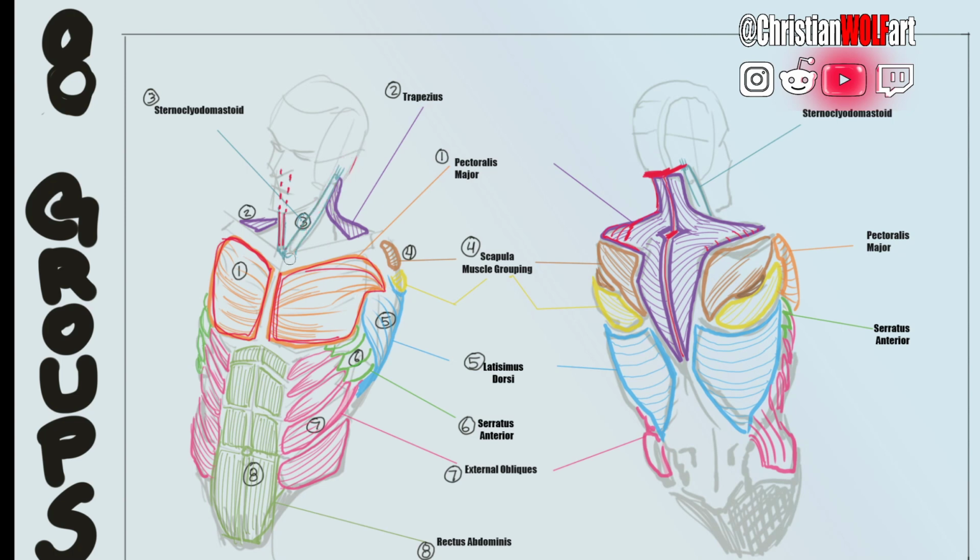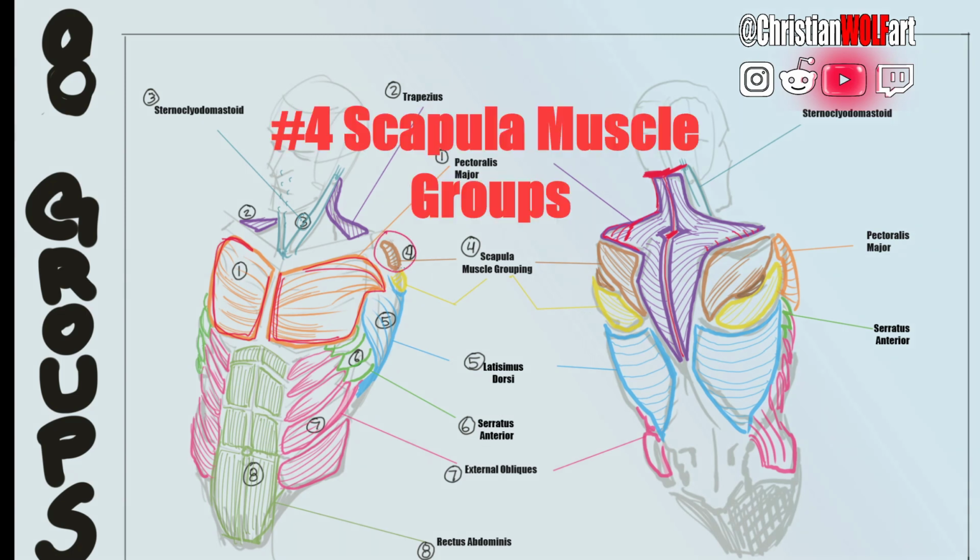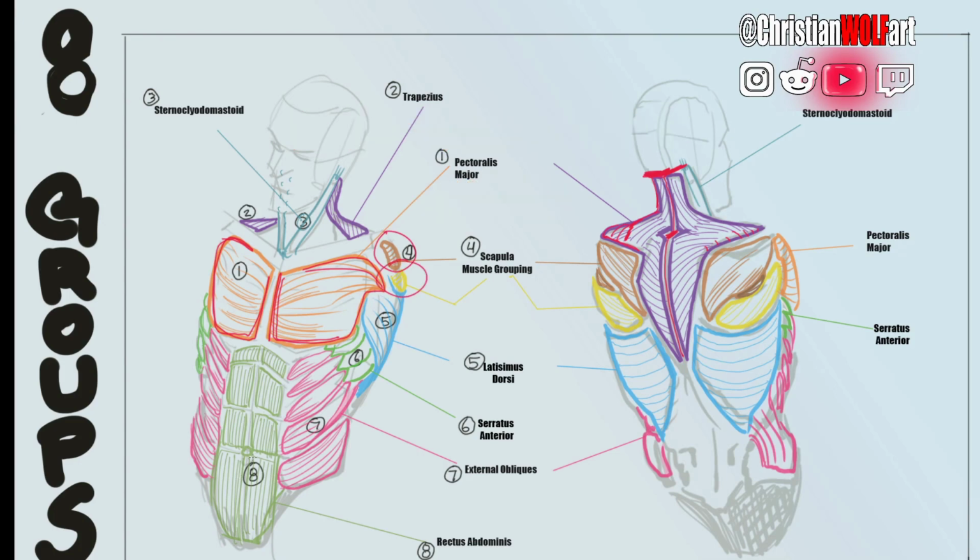Fun name to remember. Probably the hardest one of all the terms here, but definitely a great muscle to include in this grouping. Number 4 is a set of two groups, but we're going to combine them into one, and we're just going to call them the scapula muscle grouping, all right? So it is what it says it is.